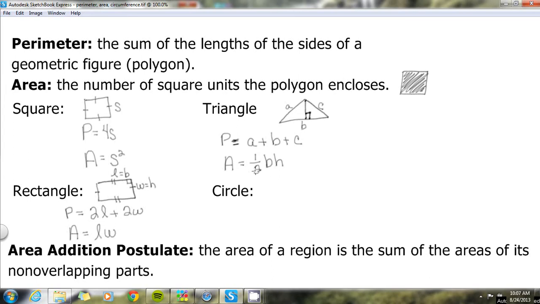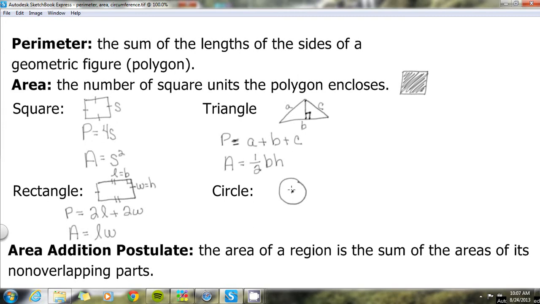Now, a circle, we haven't talked much about a circle. We're going to study a whole section on circles later on in the year. A circle always has a name, and it's named by its center.